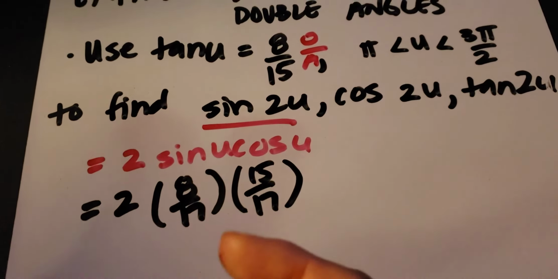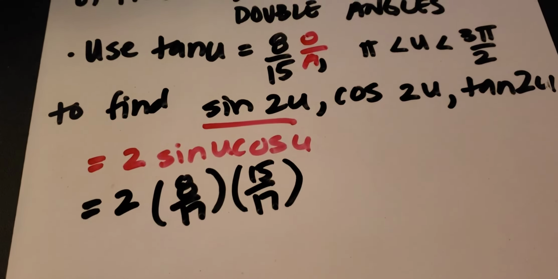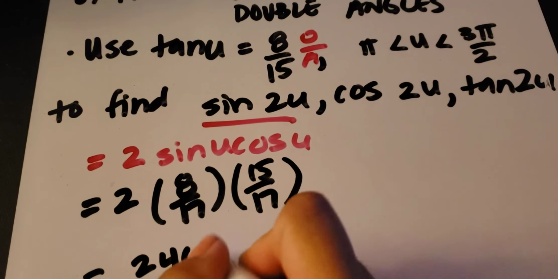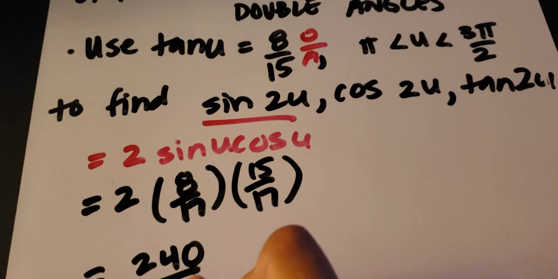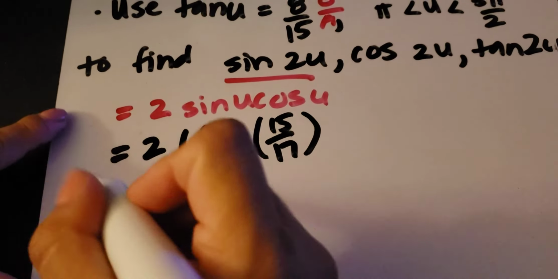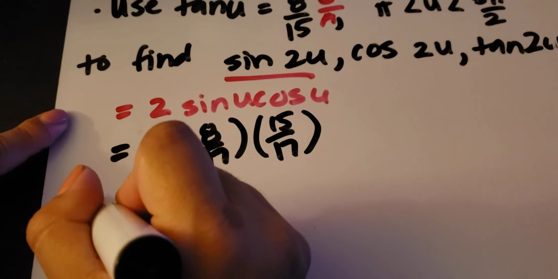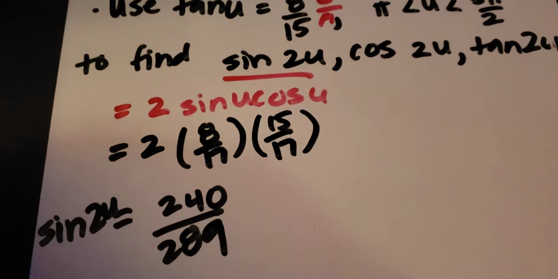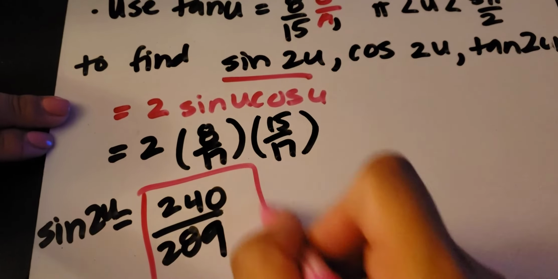And again, if you need to use a calculator, go ahead and do that. And so when you simplify that, you should get 240 over 289, okay? 240 over 289. So this is sine of 2u, okay? So let me just box that.